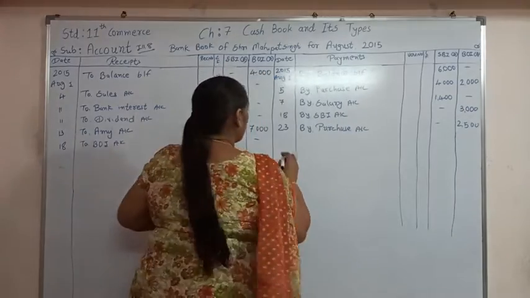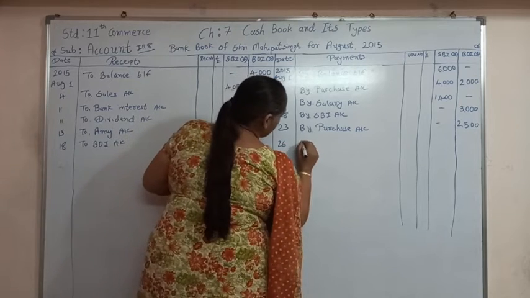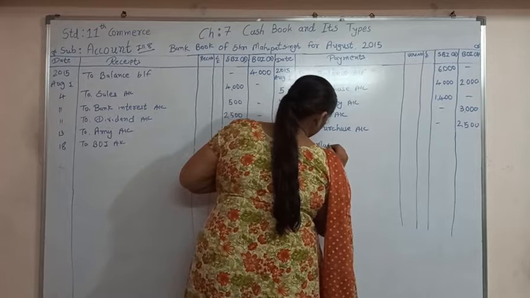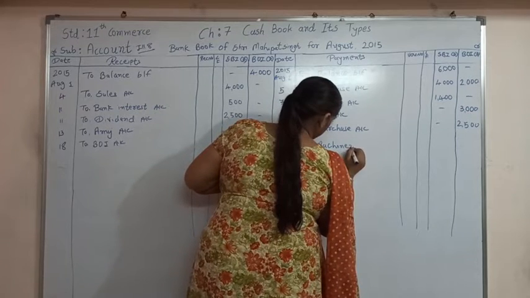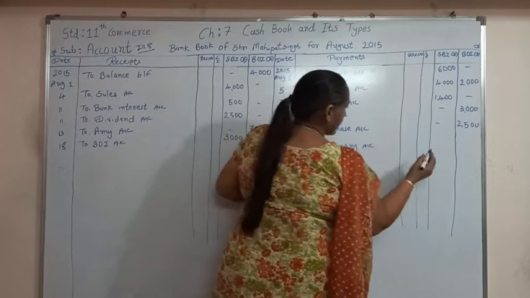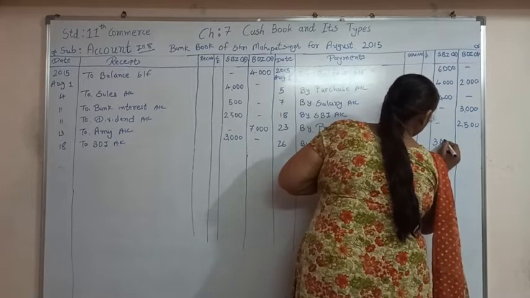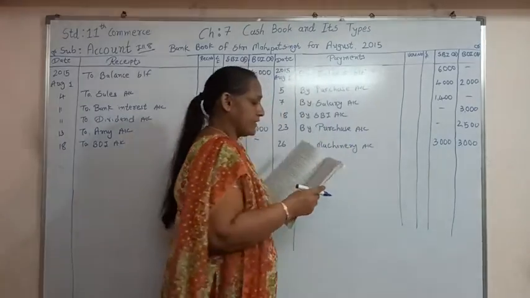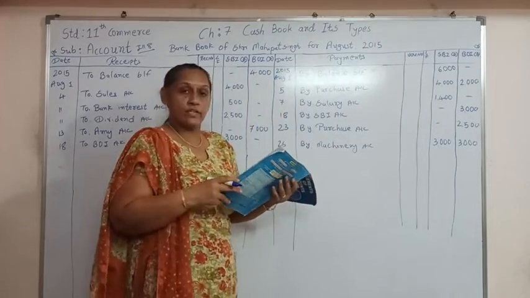So for that on 26, by machine account, $3,000. So all the transactions are finished.